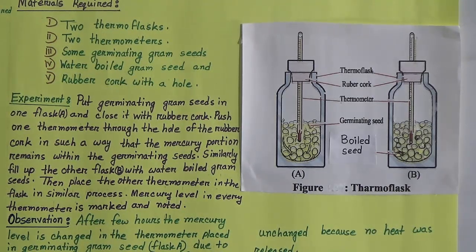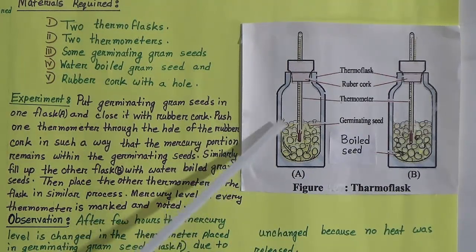Why? Because we have used boiled gram seeds in flask B. That means these seeds are not alive, these seeds are dead seeds. That's why no respiration occurred here.